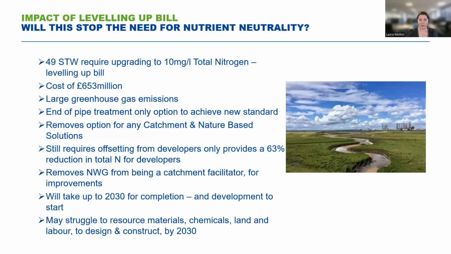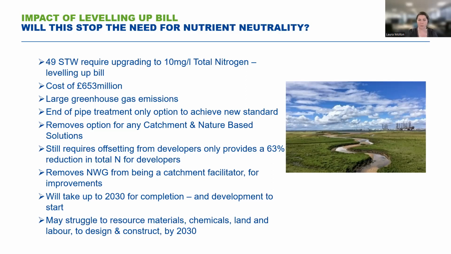Okay, so you might have heard about the Levelling Up Bill. It has basically had an amendment put to it, which is still going through Parliament at the moment. The impact of that bill is that for us, 49 of our sewage treatment works in these catchments will have to be upgraded to the technically achievable limit for nitrogen at the end of pipe.